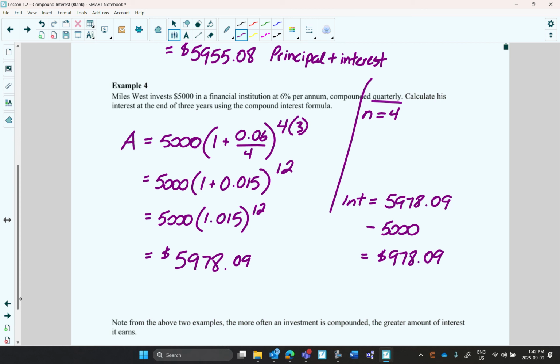Well, that's really wrong. What did I do wrong? Because I got a lower amount. That doesn't make any sense. Oh, wait, I did the wrong thing. Hang on. 1.015 raised to the 44th. There we go, that's it.